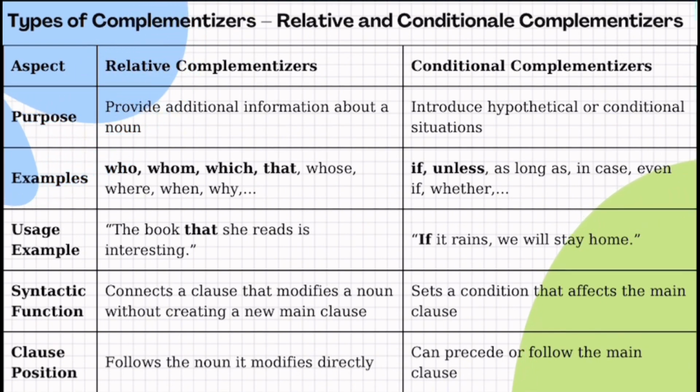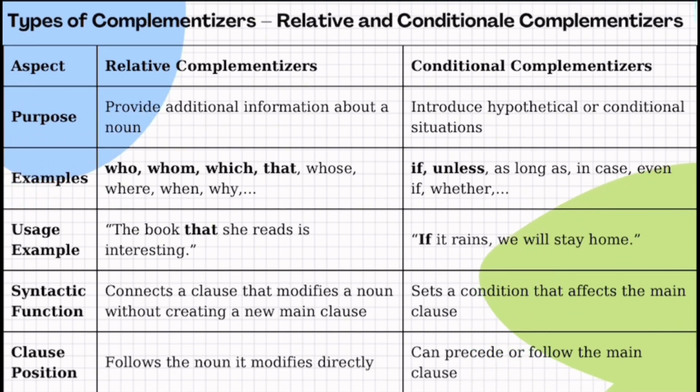Grammatically, relative complementizers connect a modifying clause to a noun without introducing a new main clause. This function makes them indispensable in creating descriptive, layered sentences, enhancing communication by allowing precise identification and elaboration of nouns.